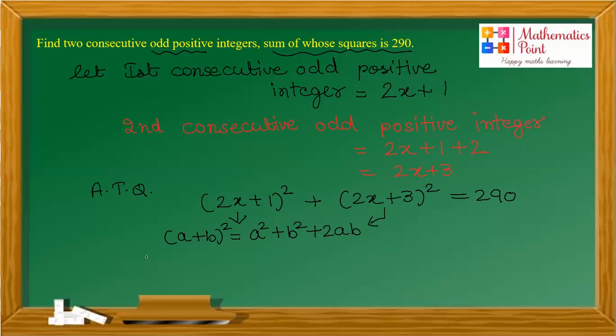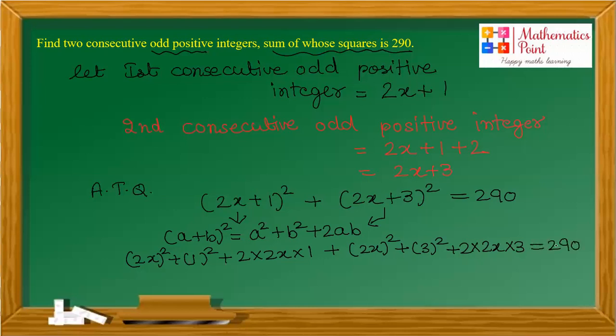So it comes out to be equal to 2x whole square plus 1 whole square plus 2 into 2x into 1, and in the next one it will be 2x whole square plus 3 whole square plus 2 into 2x into 3 is equal to 290.